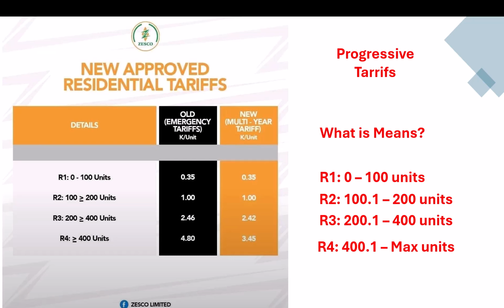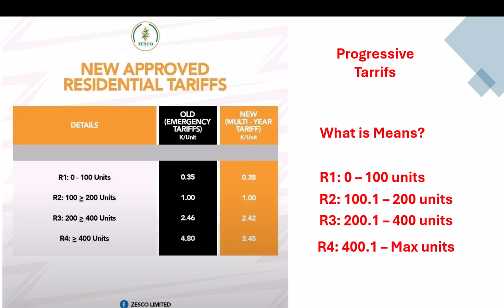Equally, more than 200 units, but less than or equal to 400 units, you unlock another, higher band. Then if you consume more than 400 units, all the units above the 400th unit would cost 3.45.